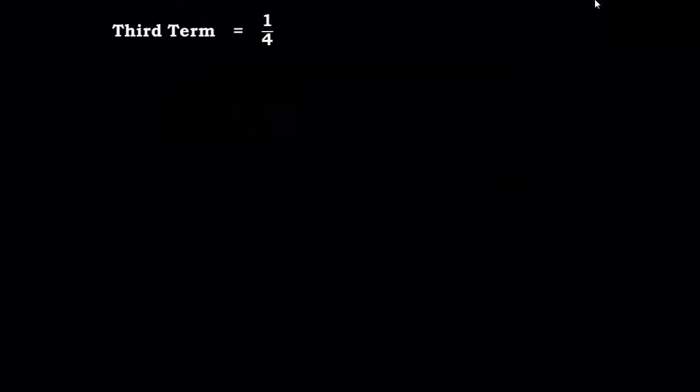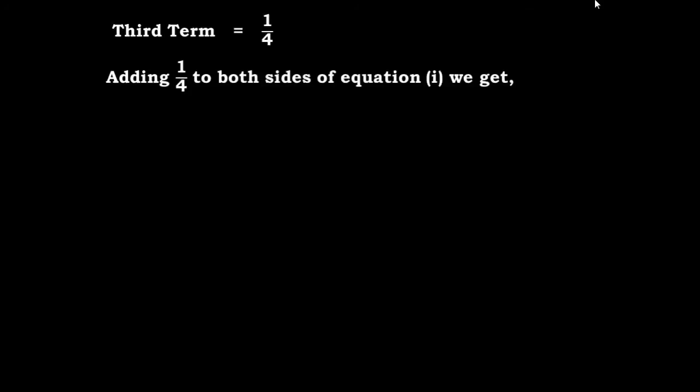So half into minus 1 the whole square, that is minus half the whole square, 1/4. Adding 1/4 to both the sides of equation 1, we get x square minus x plus 1/4 is equal to 1 plus 1/4. So at LHS you can write this is the square of x minus 1/2 the whole square.